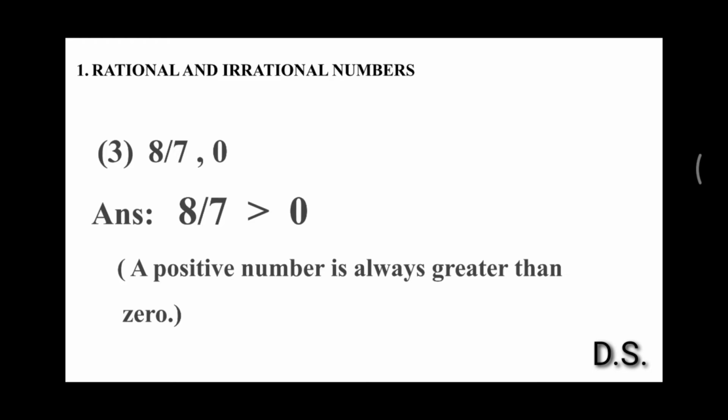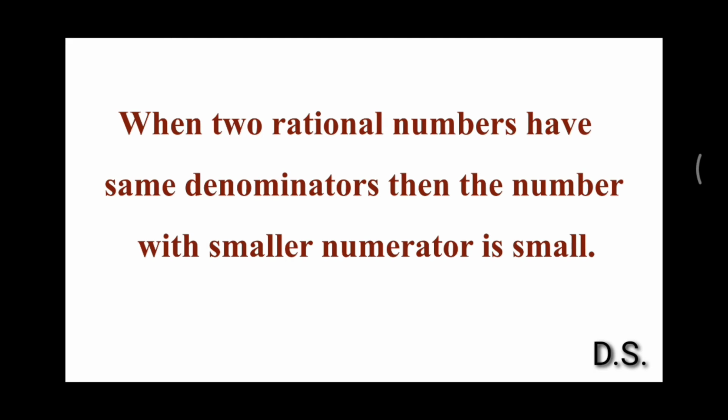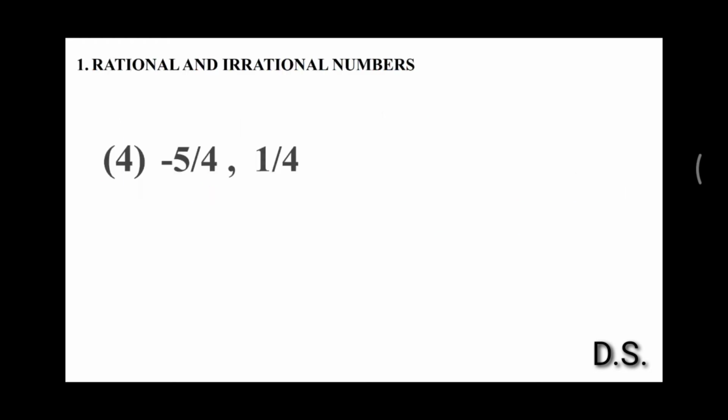Dear students, remember, when two rational numbers have the same denominators, then the number with the smaller numerator is smaller. Let's have the fourth question. Minus 5 by 4 and 1 by 4. In this case, both numbers have the same denominator, that is 4, but we don't care.